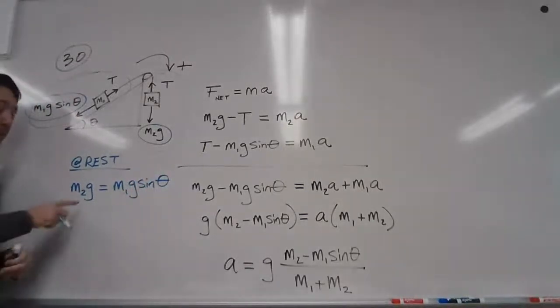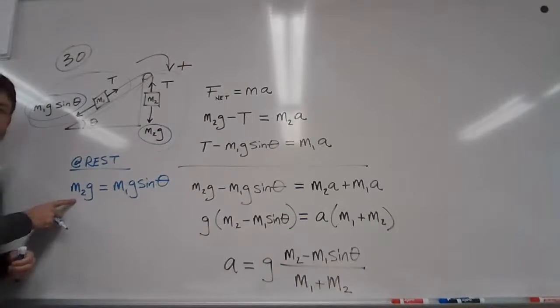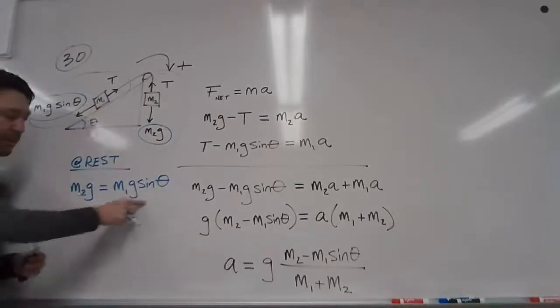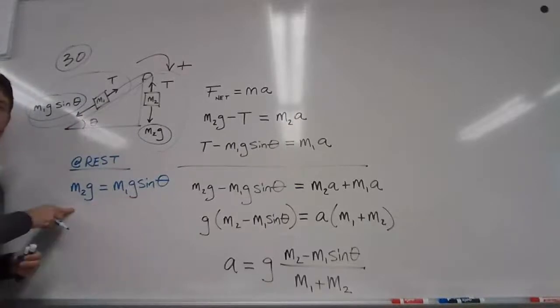Okay. By the way, this gives you an interesting result if you think about this. What is a scenario, kind of the trivial scenario where this would remain at rest that you can see borne out in this equation?